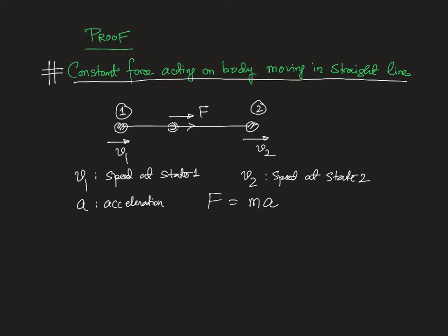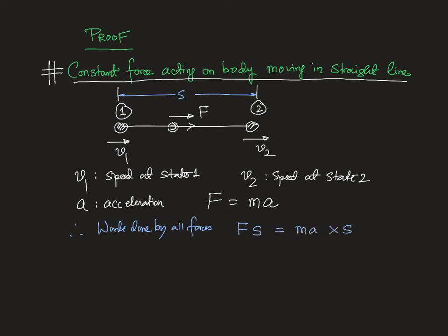So if the displacement happens to be s, the work done by all forces, where F is the vector sum of all forces, is F multiplied by s, which is ma multiplied by s.